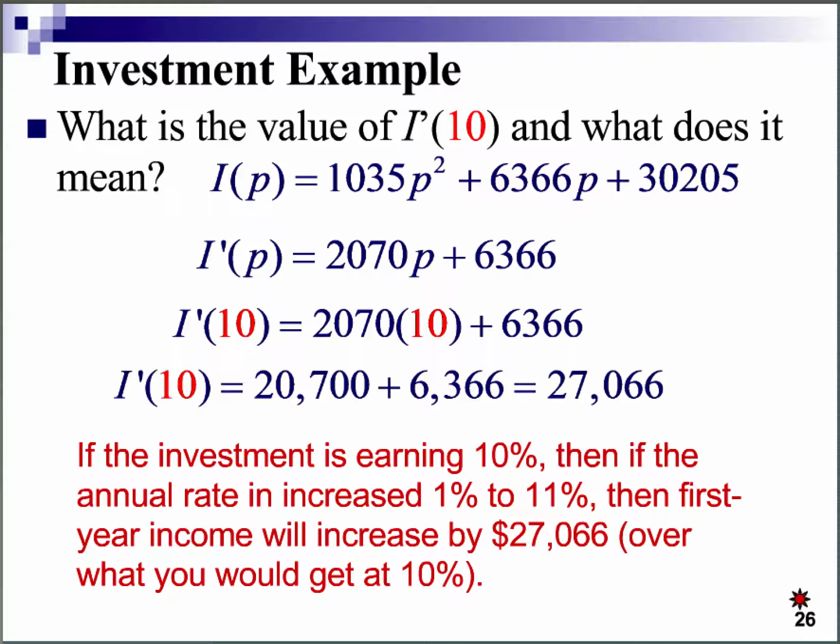But what we're doing right here is we're trying to find out how the income changes as the rate of return changes. So you have to keep that in mind as you interpret these numbers. This final number of 27,000 roughly is not an income. It's an additional amount of income that we can get by making a small change to the variable little p.